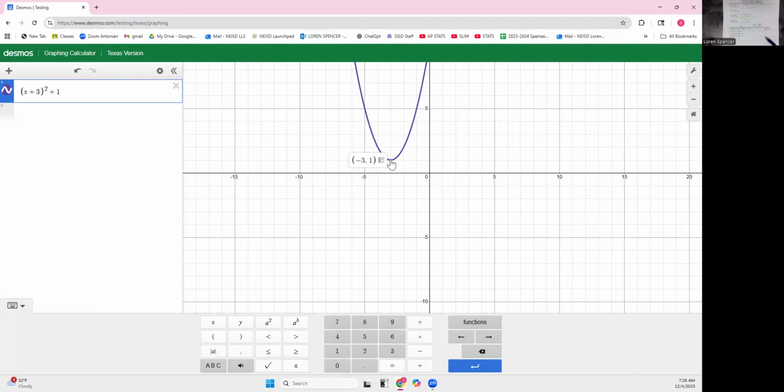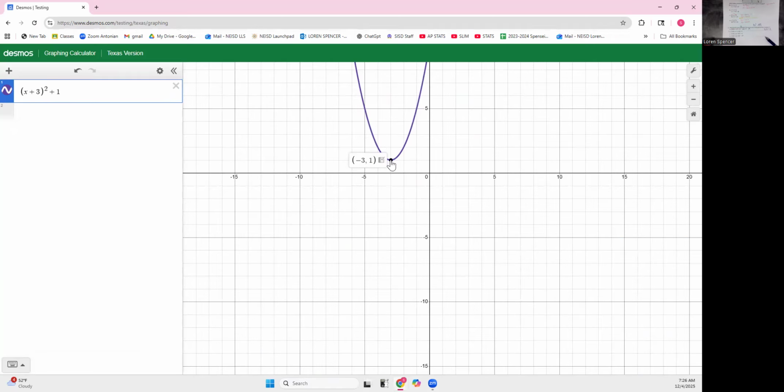And it's like, no, that's not -1. That's +1. So y is greater than +1 on that one. So it's not that one. So it's not C. Now we're going to try the next one.